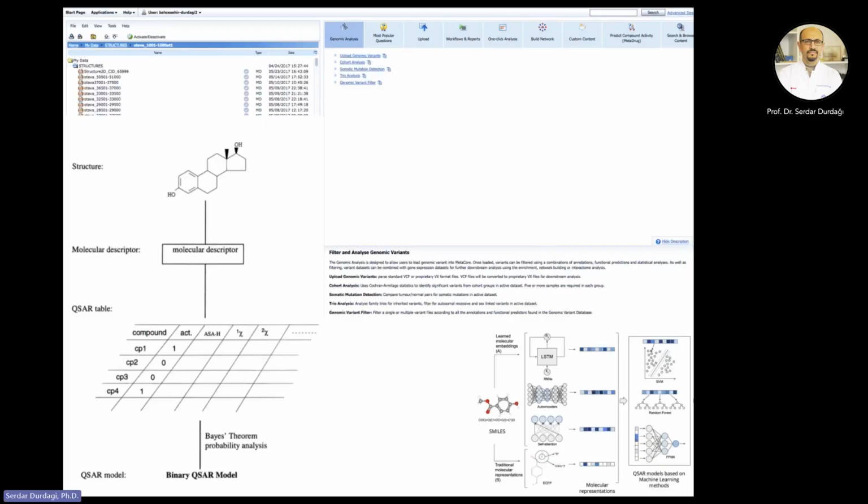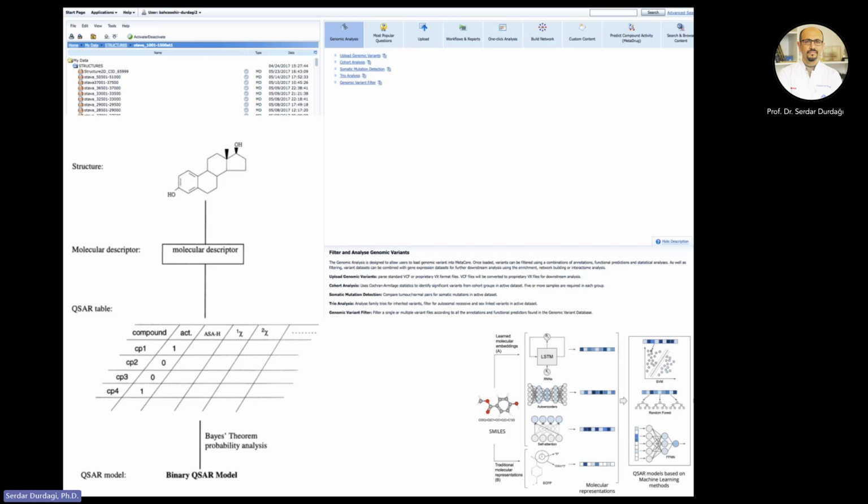The server is called Metacore Metadrug, which is a binary QSAR model. I would like to mention what it is and how it actually works. Metacore Metadrug is a server that uses the structures of small molecules and their corresponding physicochemical properties.